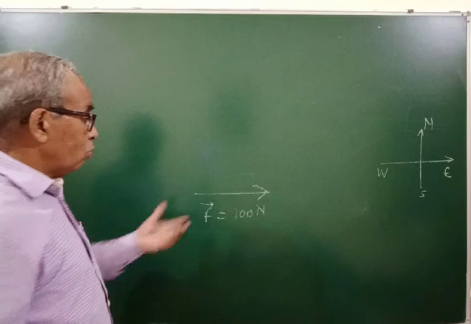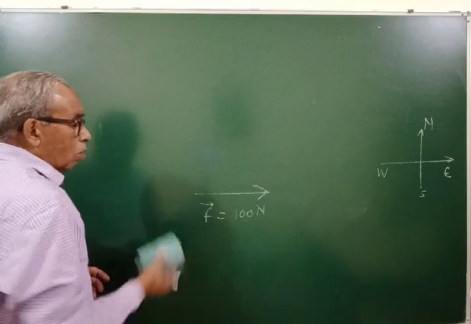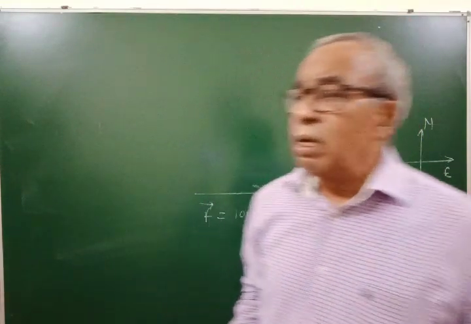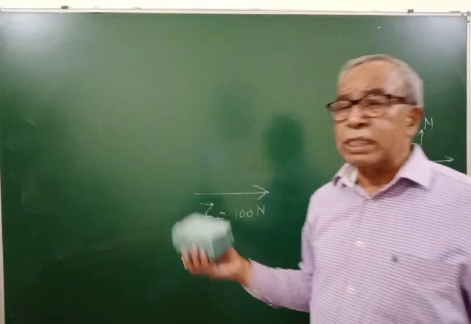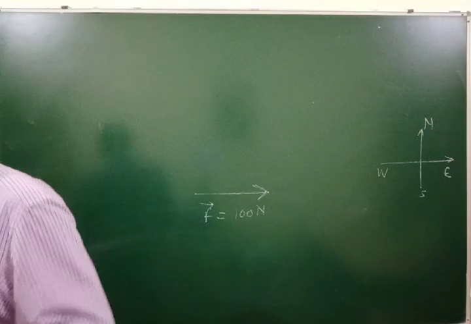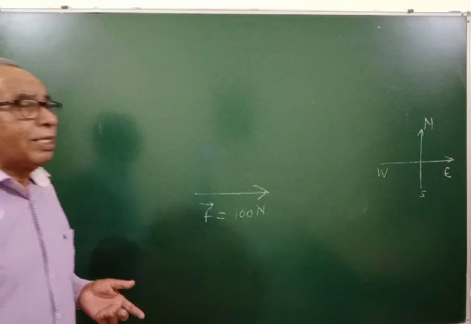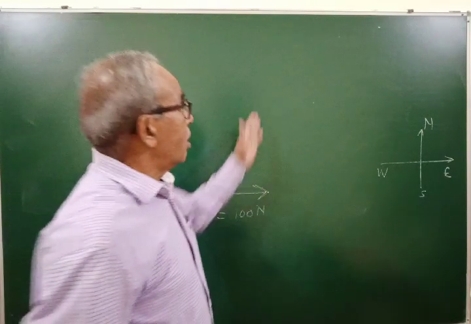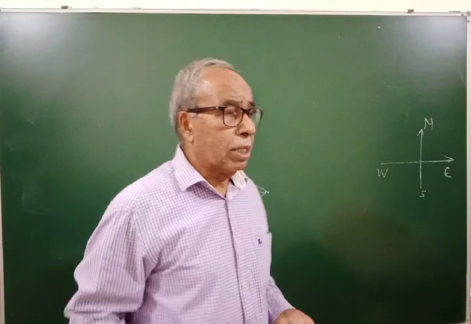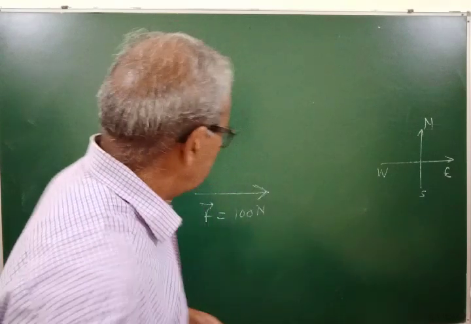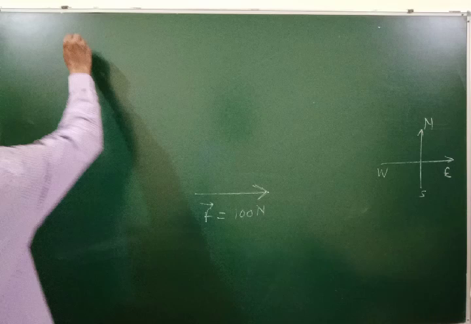The force of 100 Newton or any displacement of 10 centimeter or 10 meter or 100 kilometer can be expressed by using a scale. Suppose you want to represent a displacement of 100 meter, you can take 10 meter equal to 1 centimeter and draw a line of 10 centimeter in the prescribed direction. Clear?